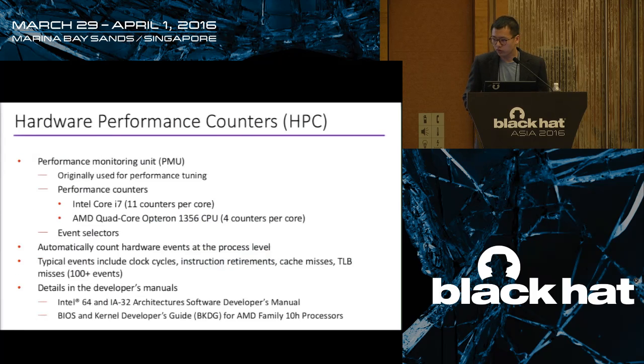Once you enable a counter, it will automatically start counting events based on what you configure. Typical events include counting clock cycles, counting instruction retirement, which basically means how many instructions have been completed, cache misses or TLB misses. These events are very rich in modern CPUs. Both in Intel and AMD CPUs, you can find more than 100 hardware events that you can count.